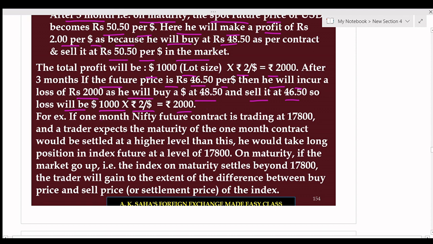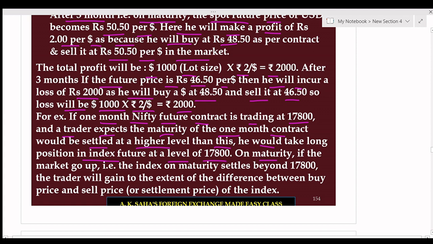For example, if a 1 month Nifty futures contract is trading at 17,800 and a trader expects that at the maturity the 1 month contract would be settled at a higher level than this, he would take a long position in the index future at a level of 17,800.